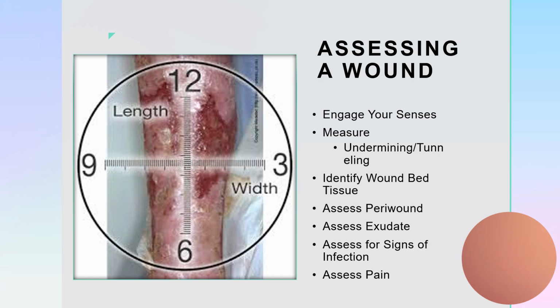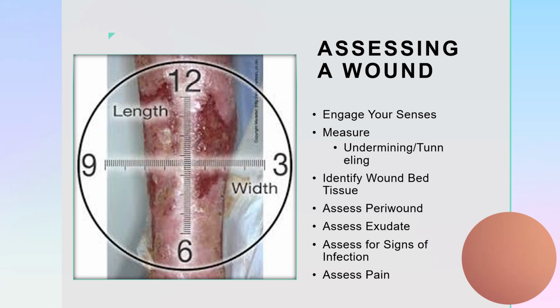And again, it adheres to the wound bed. Eschar also is a full thickness skin loss, and like slough, this is non-viable tissue. It's dead tissue. It's usually going to be black or dark brown in color, and it can be very hard and dry, but it can also be very soft and moist.